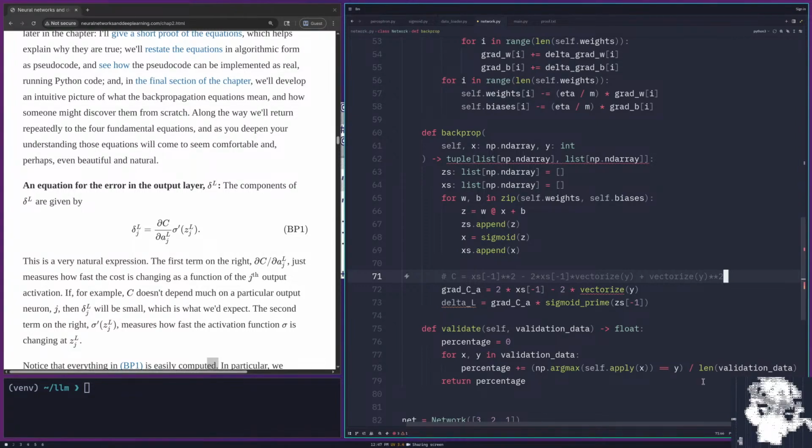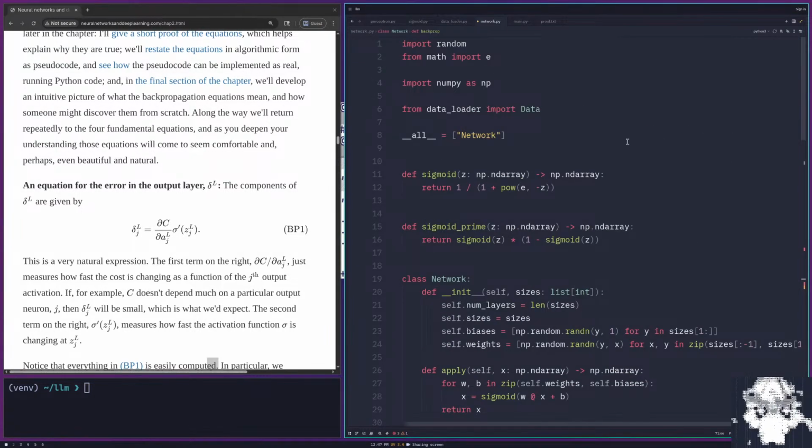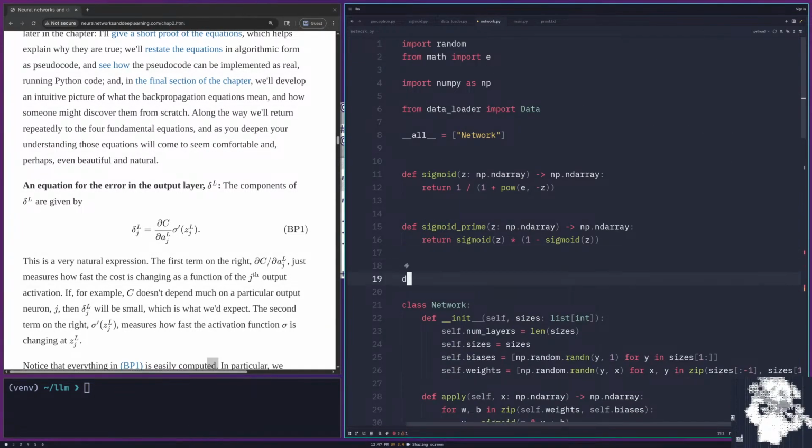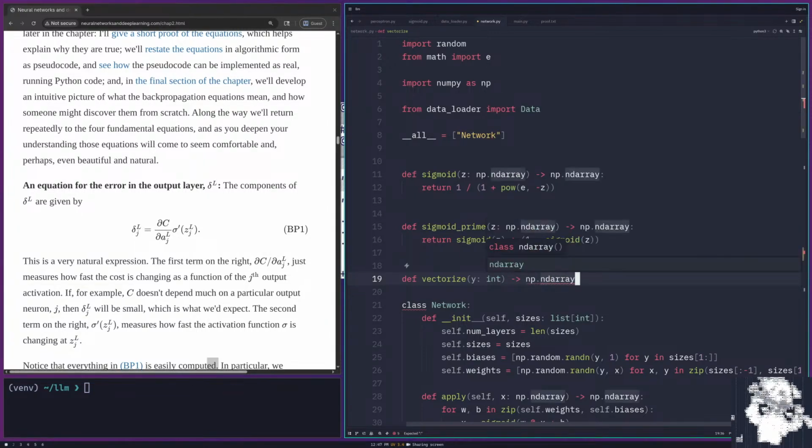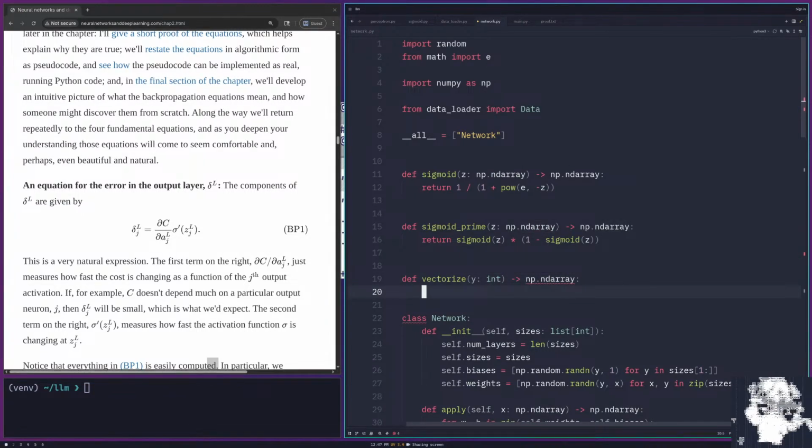How do you vectorize y? So let's go up here. def vectorize, goes to an np array. I guess I have to know that it needs to be 10 things big.